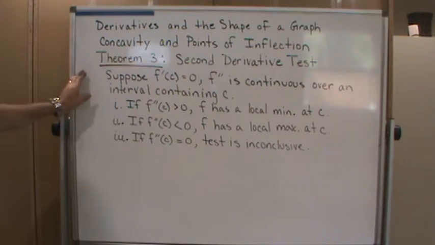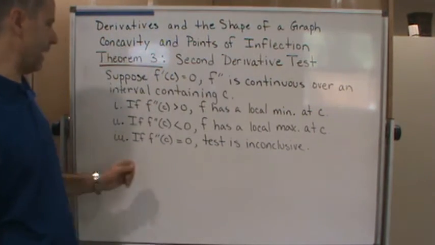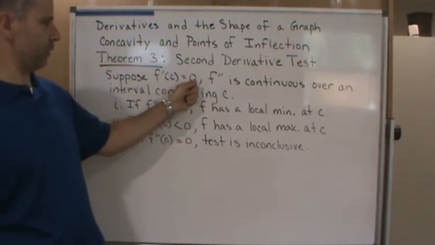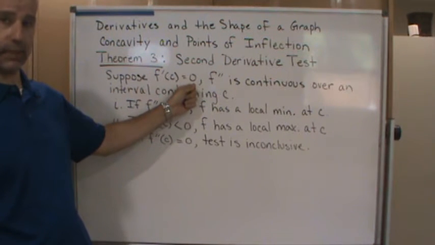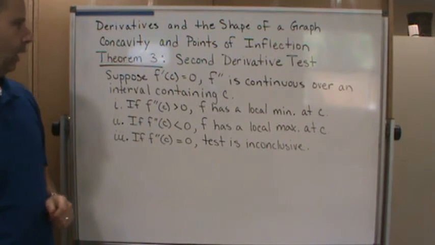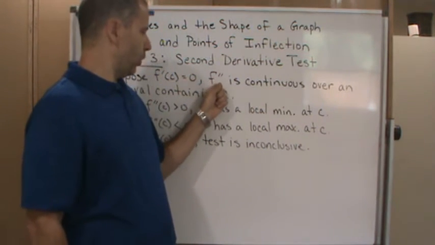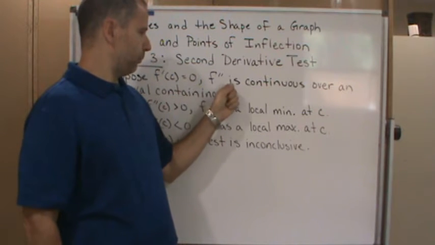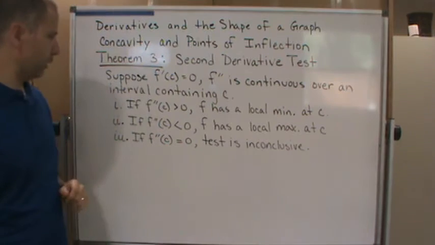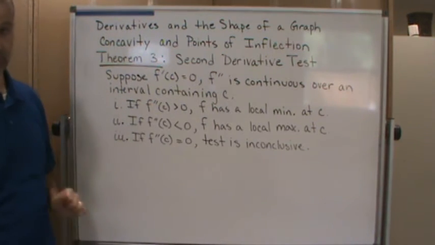So Theorem 3, which is the second derivative test, says, suppose we have f prime of c equal to 0. So the first derivative is equal to 0. So in other words, c is a critical point, right? And also we know that f double prime, or the second derivative of f, is continuous over an interval that contains c.